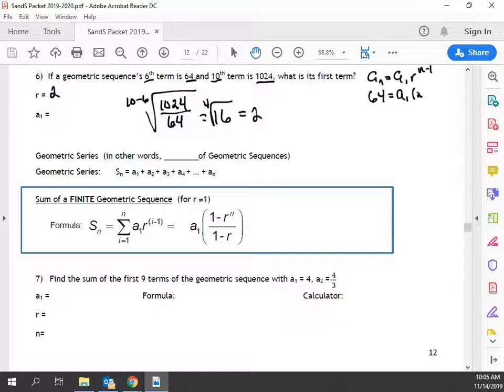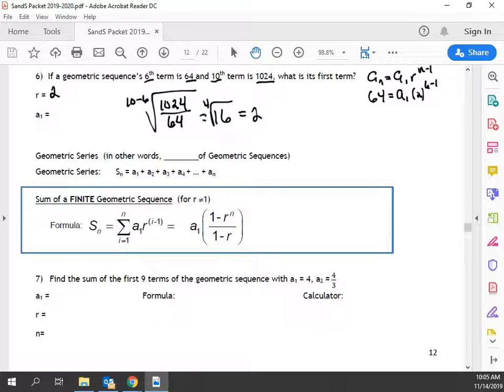I just found the common ratio to be 2, to the 6 minus 1. So, you could easily do this. Before, you guys said, oh, common difference is 3, so I'm going to subtract 3, getting back to where I started. You could do the same thing here.